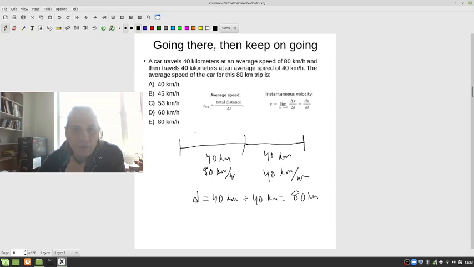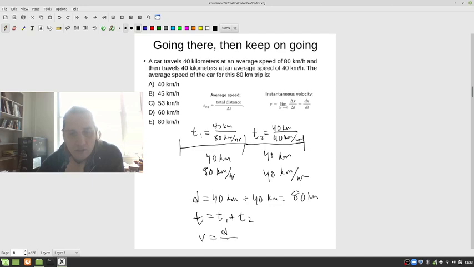How would you find the time? Well, T1 would be the distance divided by the speed, so 40 divided by 80. And then T2 would be the 40 divided by 40. And then your total time over that whole range would be T1 plus T2. And then you could find your average speed by taking your total distance they traveled divided by your total time. So I'll let you try that.